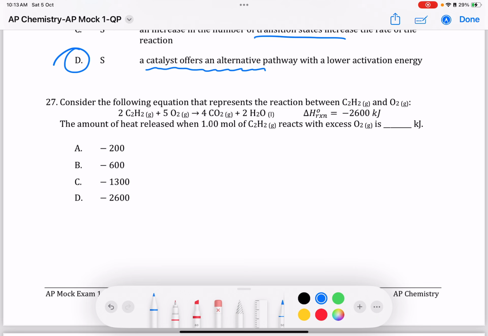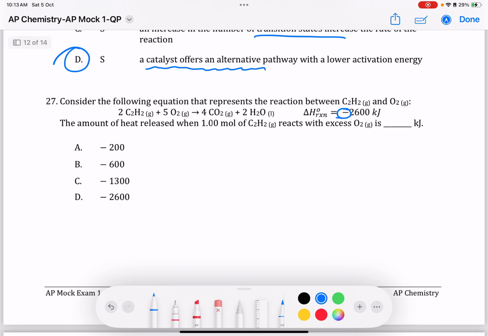C2H2 plus O2 is an exothermic reaction since it is releasing 2600 kilojoules. Anyway, this is always the combustion when a substance reacts with oxygen to produce CO2 and H2O. This is a combustion reaction. So let's see the question.